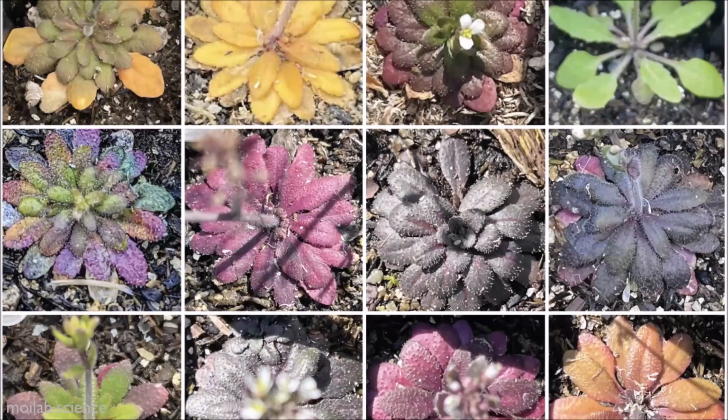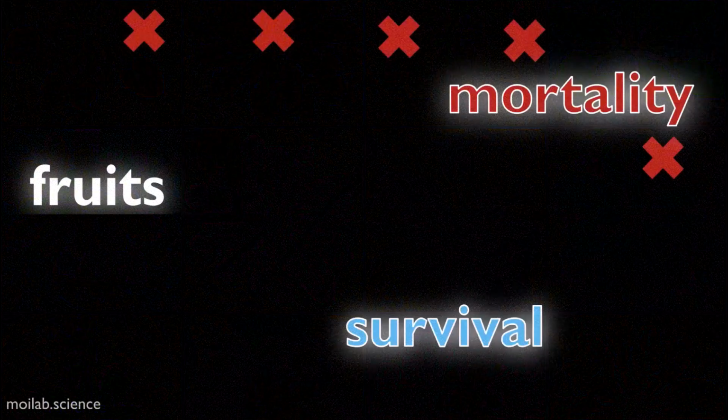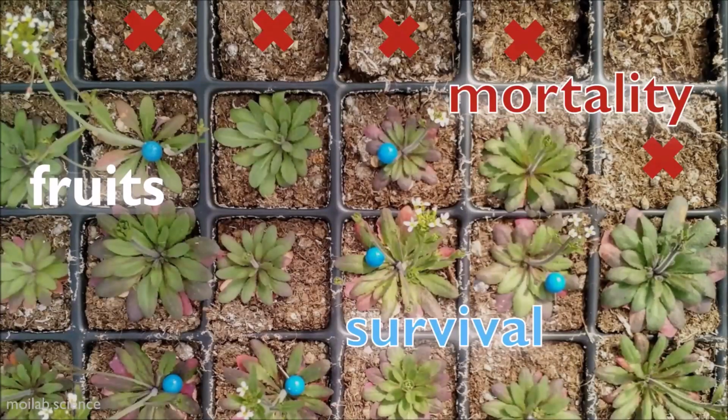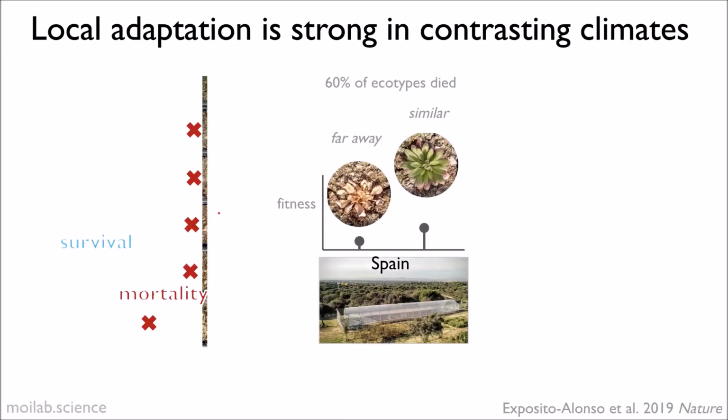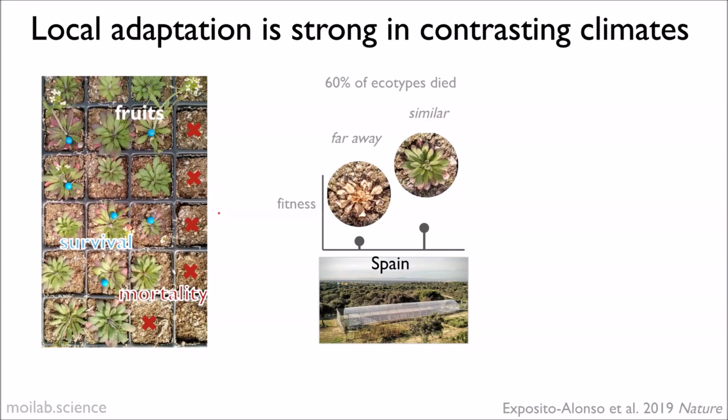But we were not focused on the charm of Arabidopsis in generating beautiful colors; we were focused on fitness traits that would tell us whether a population was adapted to that environment by the fact that it would survive, which we track with these pins, or not, and if it produced fruits, and then how many fruits they produced.